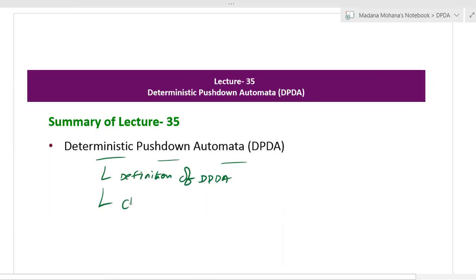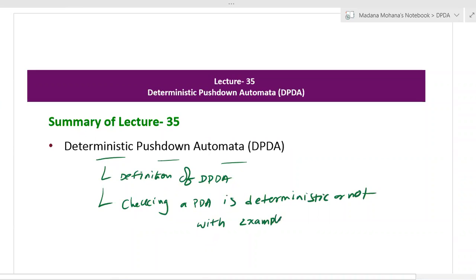Then checking whether a PDA is deterministic or not, with examples demonstrated.